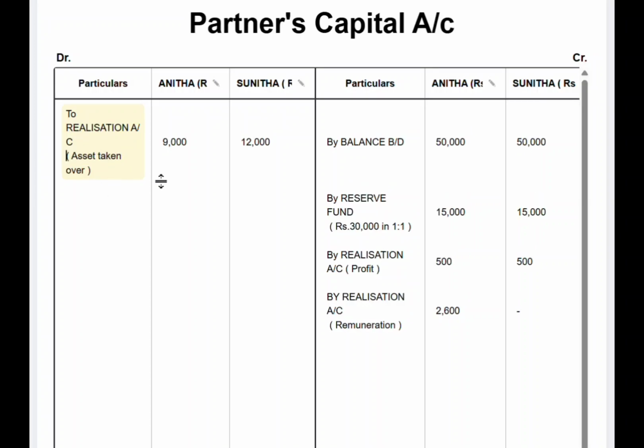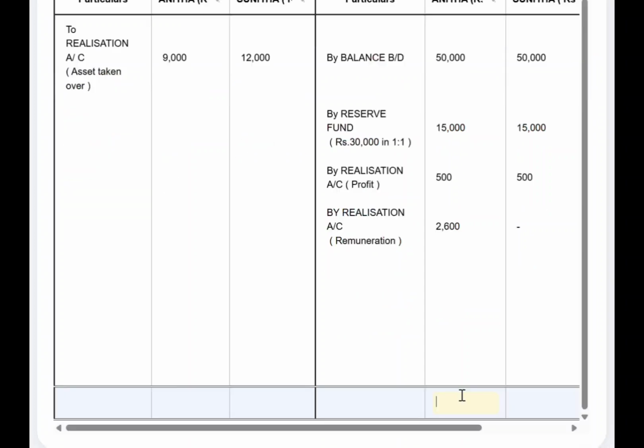So once these entries are done, now we have to find out the final balance, that is the final settlement to be made to the partners' capital. So let's find the total now. The total of the partners' capital account, the total of the first partner, Anita, will be 68,100, and on the debit side write the same total 68,100, as the credit side is the greater total.